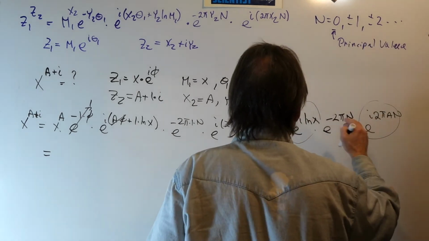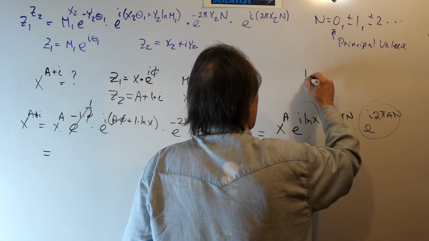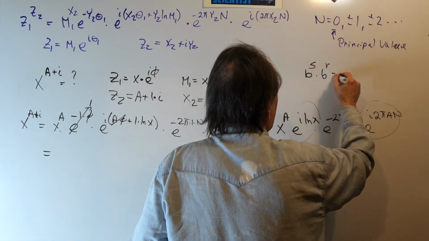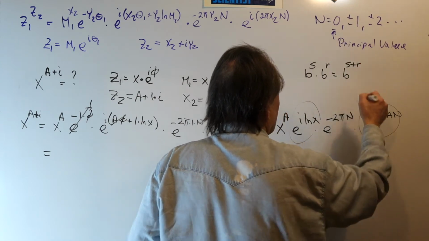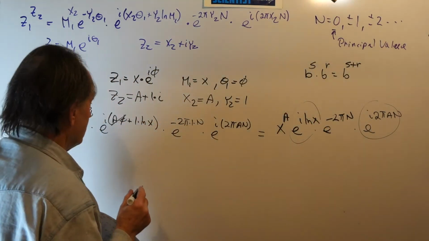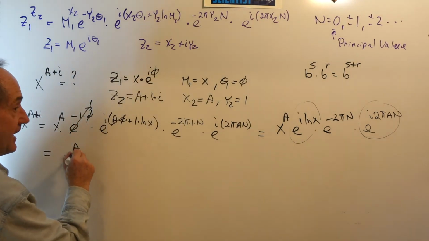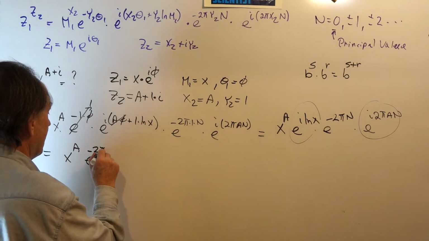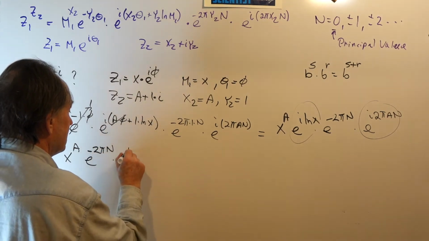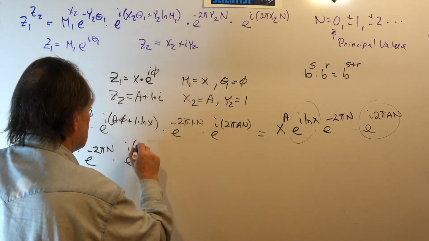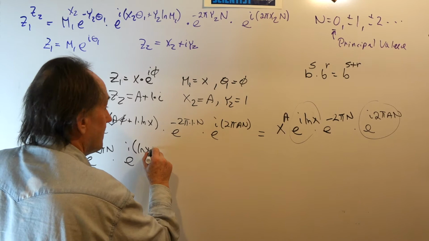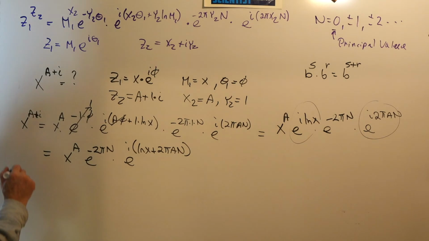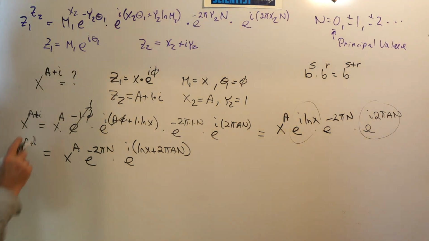This is of the form the same base, like b to the s times b to the r, so this is b to the s plus r. So I just combine exponents. This will be x to the a, which is also part of the magnitude, e to the minus 2 pi n, times e to the i times natural log of x plus 2 pi a n. So that's our form for x to the a plus i.